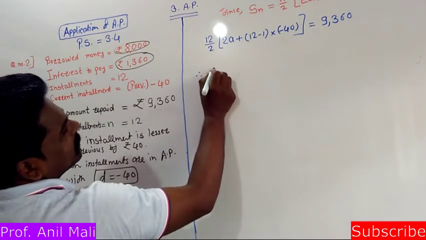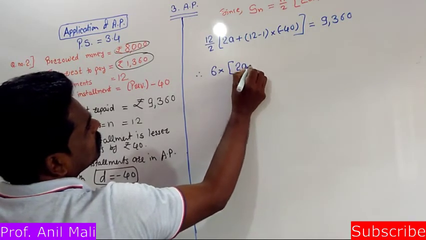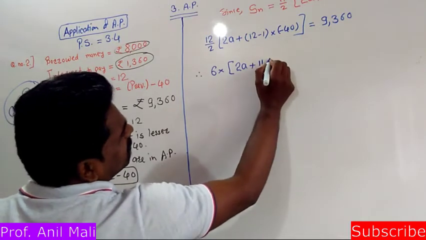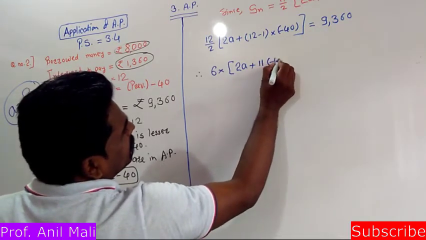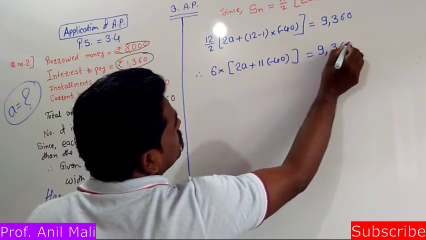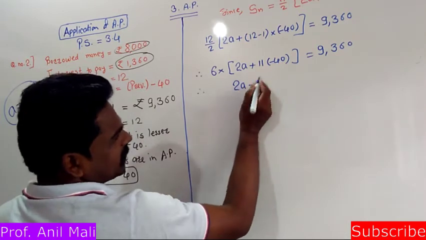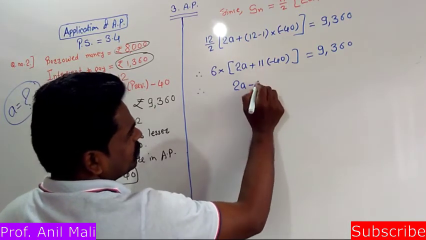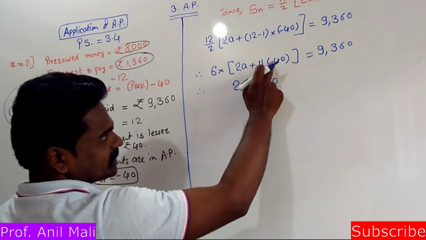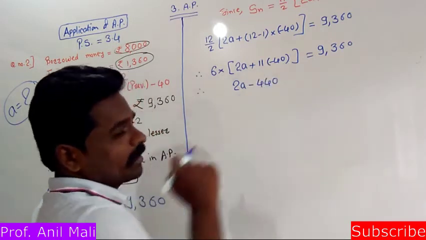Therefore 12 by 2 is 6 only, into the bracket 2a plus 12 minus 1 is 11, into minus 40, is equal to 9360. Therefore we will write here 2a minus 11 fours are 44, so 440, and this plus becomes minus due to the sign inside the bracket of 40.